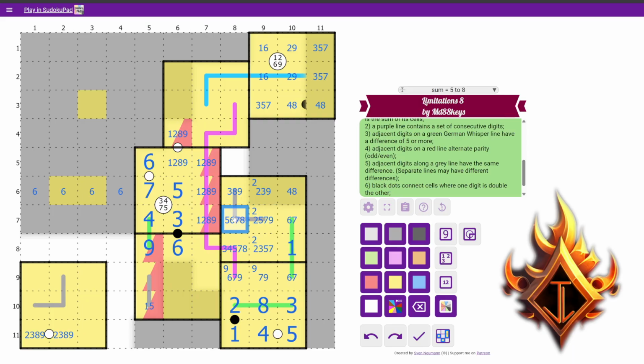If this is 6, and 6 was there. But it would also mean that this was 9, and that was 3.